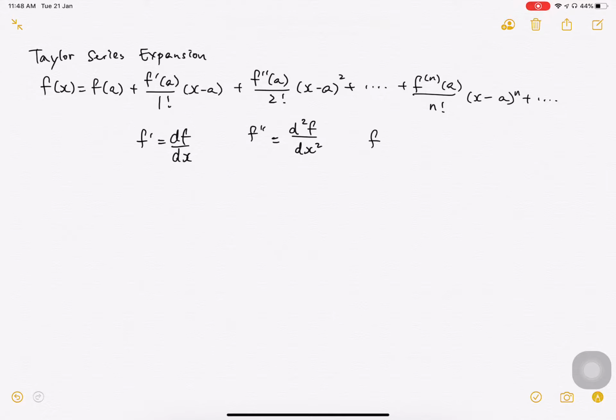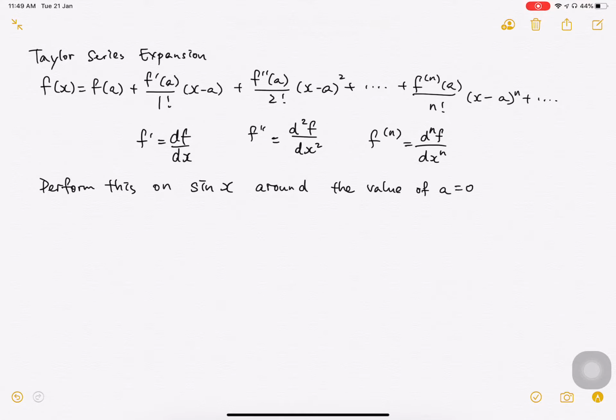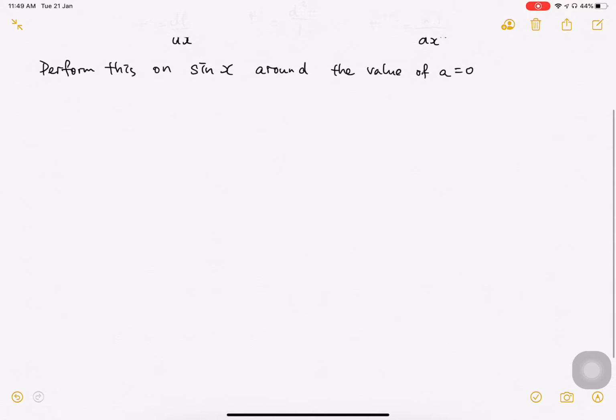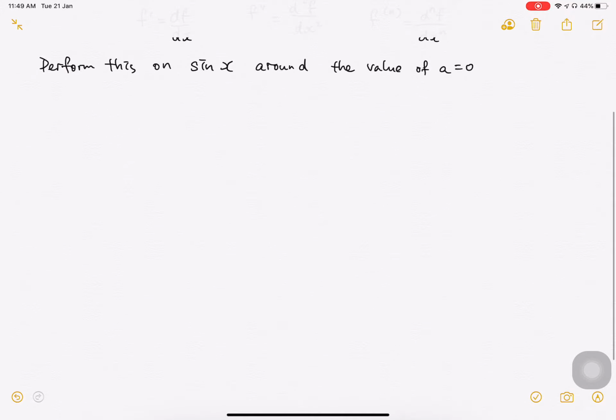And then you know the expression for this: we differentiate it n times, and then we perform this on sine x around the value of a equals 0.